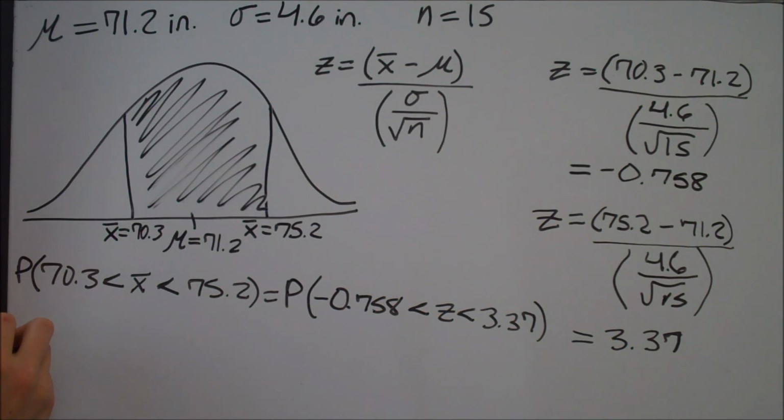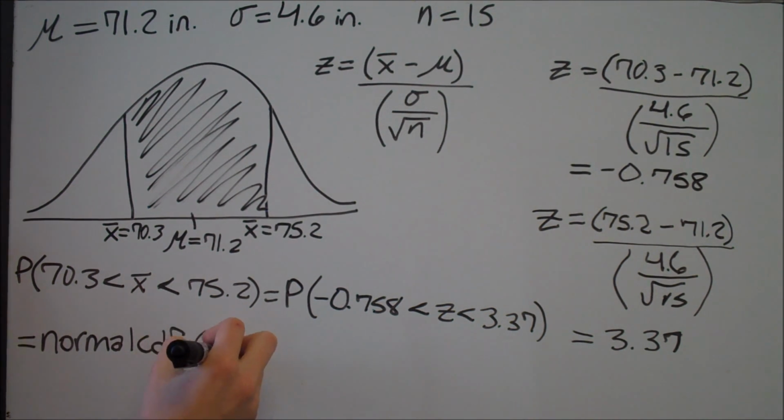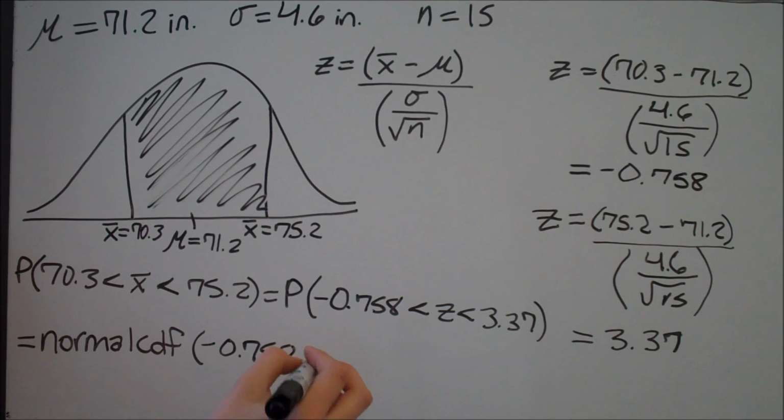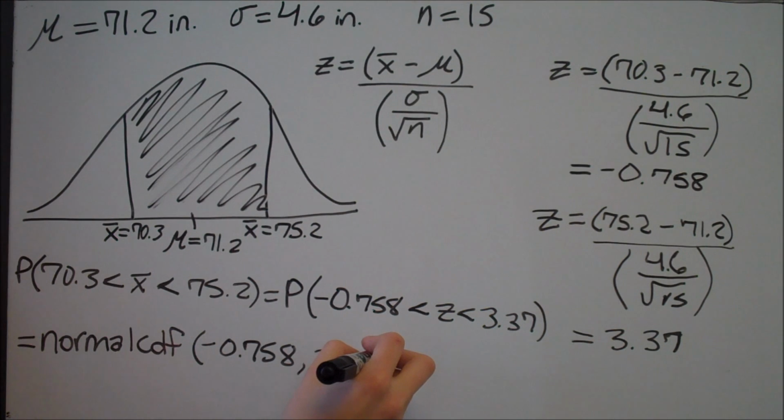Now, since we have our probability in z-score form, we can use the normal CDF function on our calculator under second vars to get the probability. So that probability is equal to normal CDF, parentheses, we put our lower z-score, negative 0.758, comma, our upper z-score, 3.37.